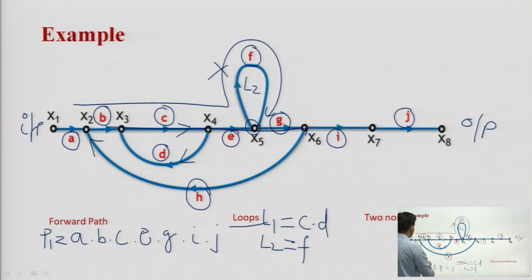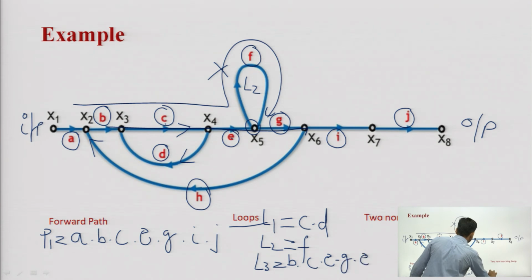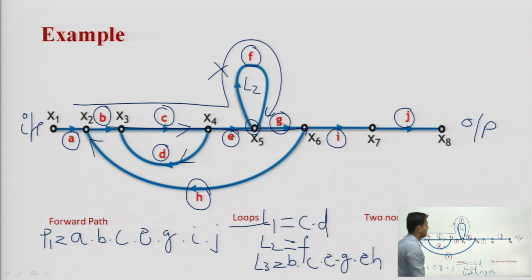So, what is the total gain? B dot C dot E dot G dot H. So, this would be my third loop. So, three loops are present here.